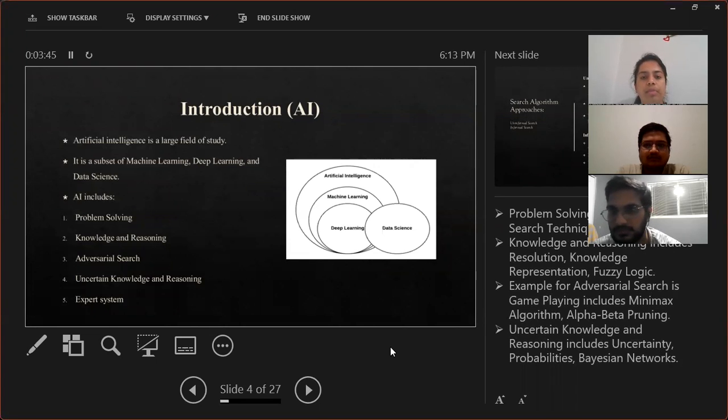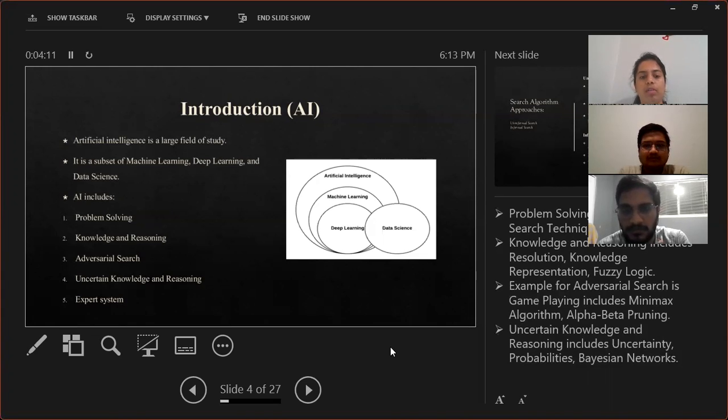Coming to the introduction, as we all know, artificial intelligence is a large field of study. It has subsets such as machine learning, deep learning, and data science, as we can see in this diagram. Mainly, artificial intelligence includes problem solving, knowledge and reasoning, adversarial search, uncertain knowledge and reasoning, and expert systems. So what exactly are all these?